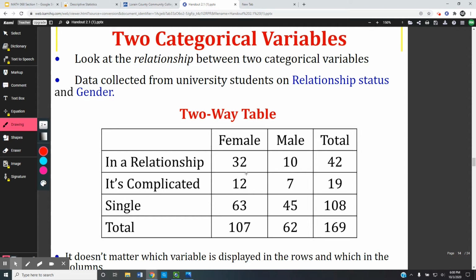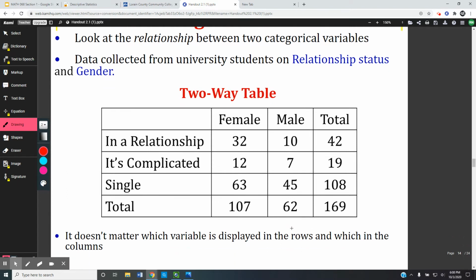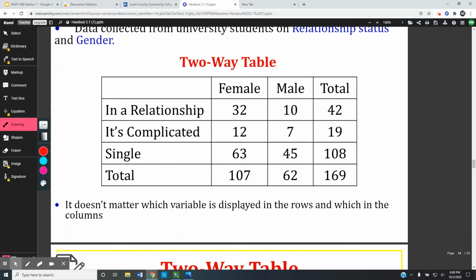The frequency count is still taking place, but now we have a total of those frequencies for not only the rows, but the columns and the total. Down here, 169 is the total for the entire set, whereas 108 is the row total for being single, and the male total is 62. It says it does not matter which variable is displayed in a row and which one is displayed in a column.